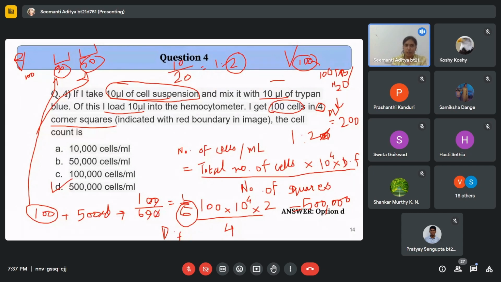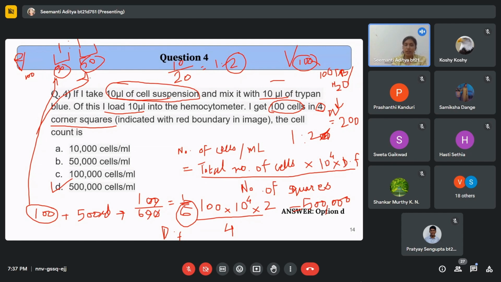So that is equal splitting. Here we say 1:1 splitting, because an equal number of cells are seeded in the dishes. This we are not diluting, we are splitting it.